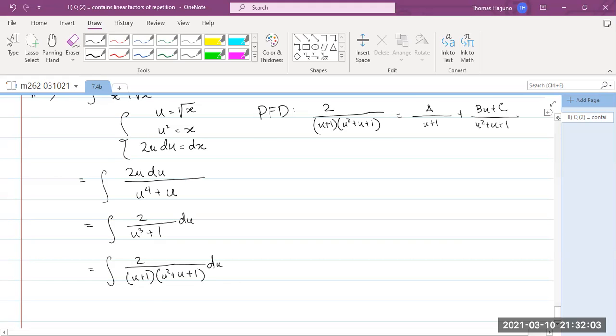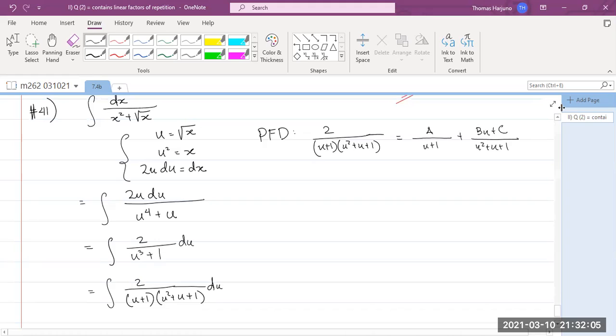It's irreducible. U squared plus u plus 1 is irreducible. So multiply by the LCD, you get 2 equals a times (u squared plus u plus 1) plus (bu plus c) times (u plus 1).